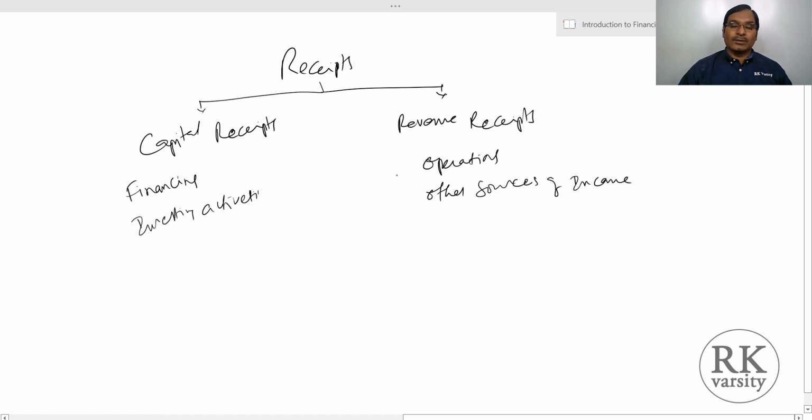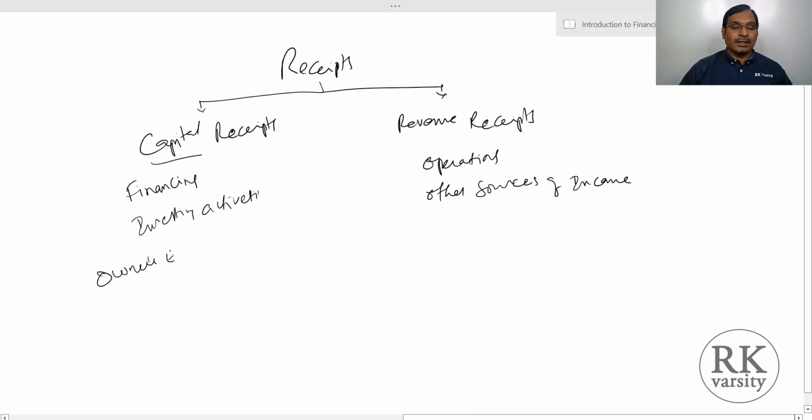Now, how are we going to differentiate or define this? A capital receipt is an amount which the business receives to expand its operations, maybe in the form of owner's equity.